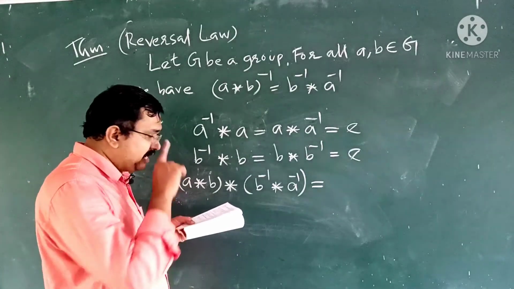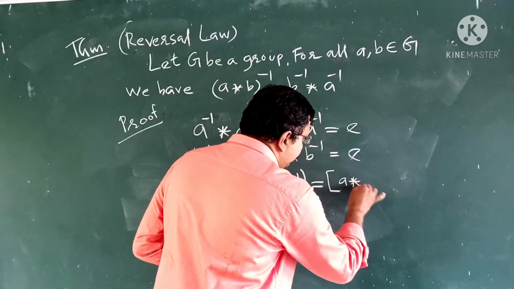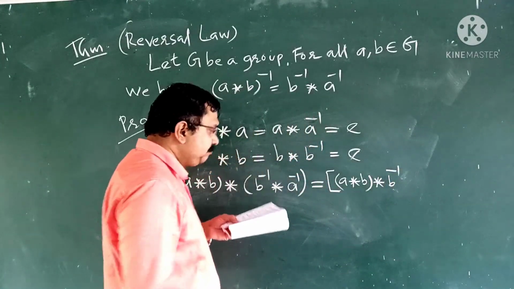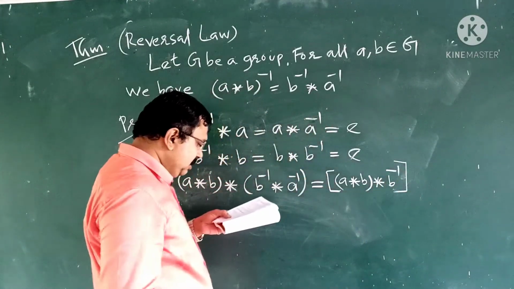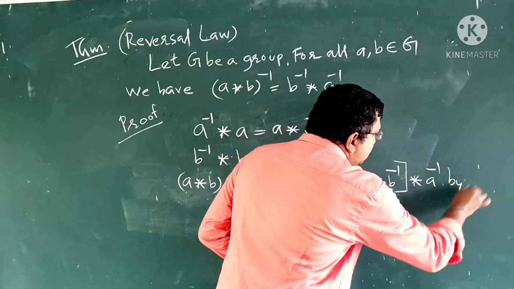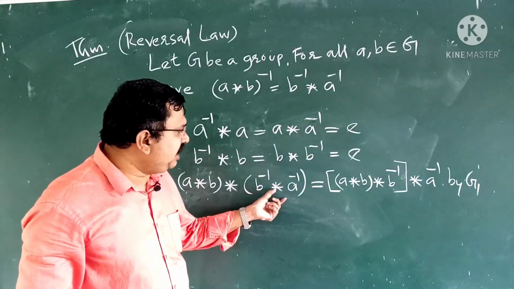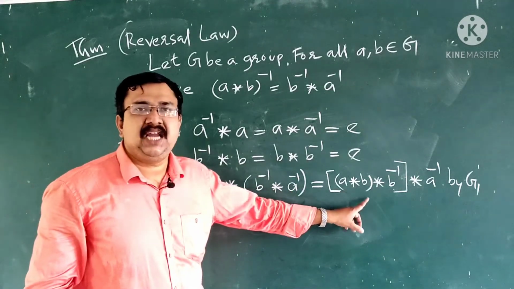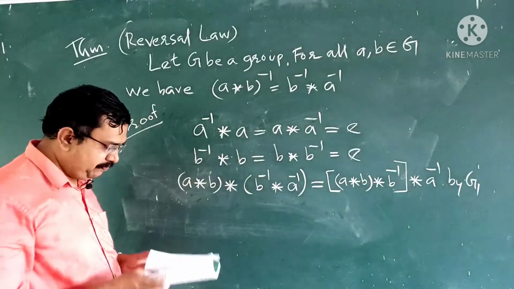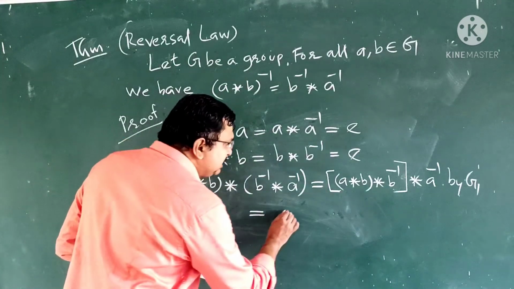Then this can be written as A star (B star B inverse) star A inverse by G1, axiom number 1. Okay, listen.